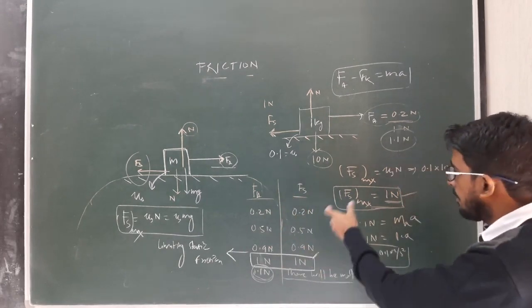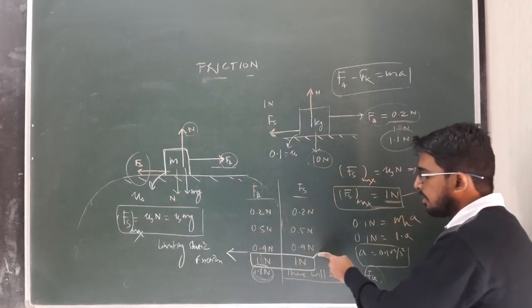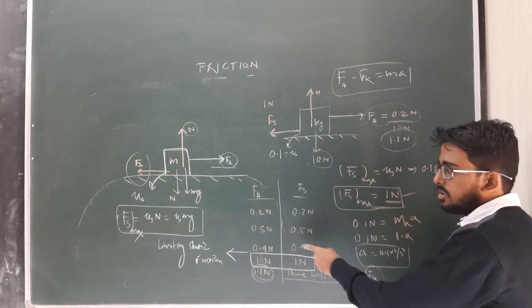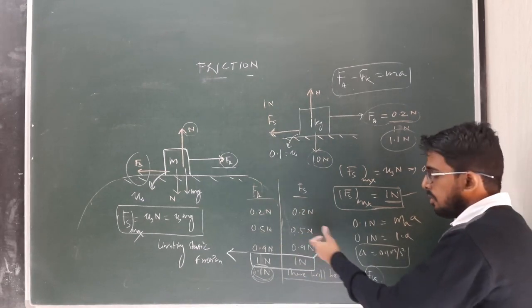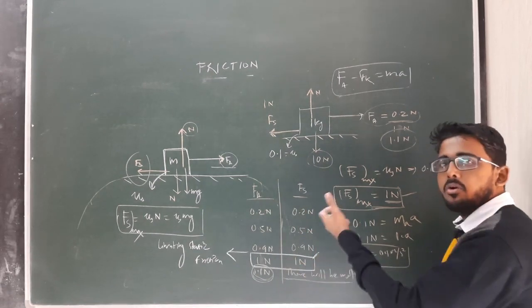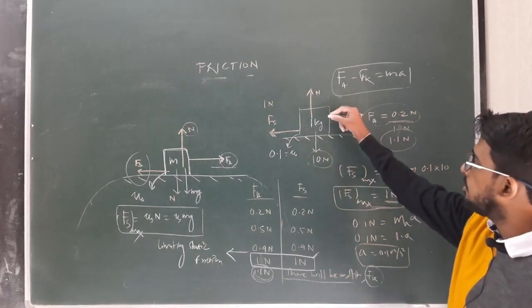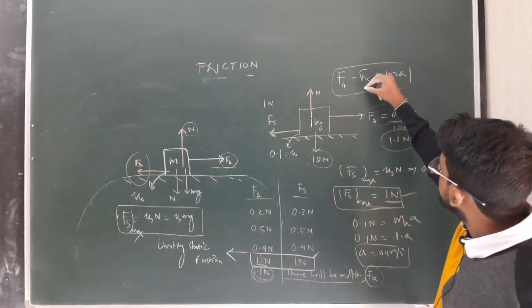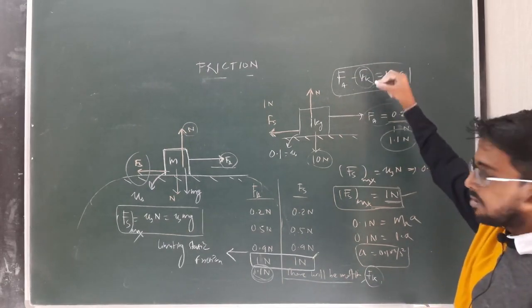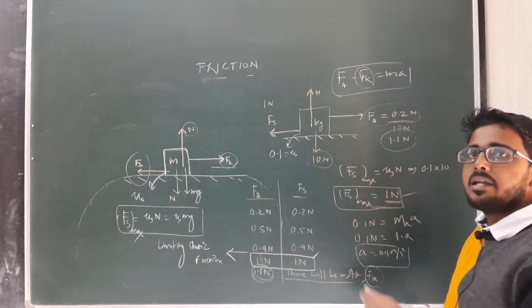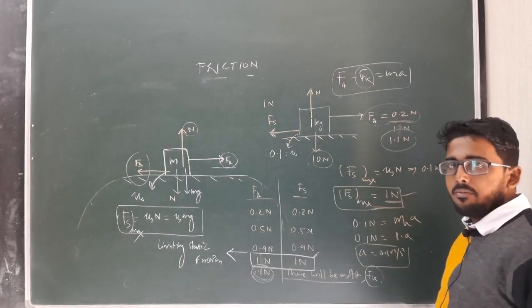But whenever the applied force crosses the limiting static frictional value, the frictional force will convert from static to kinetic, and it will remain constant because the body will start moving. So the kinetic frictional force is constant, but the static frictional force varies according to the applied force.